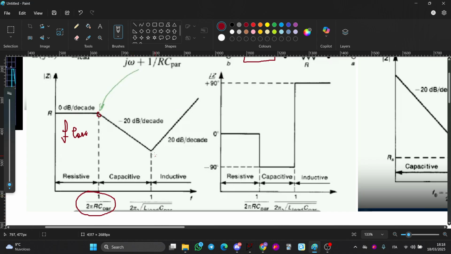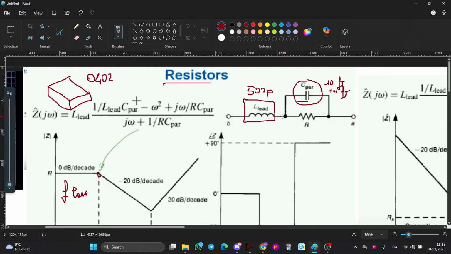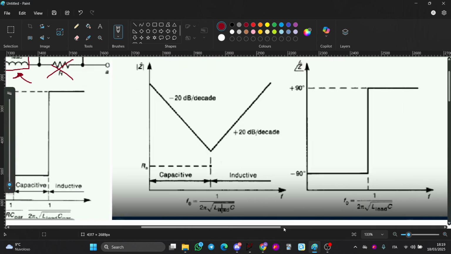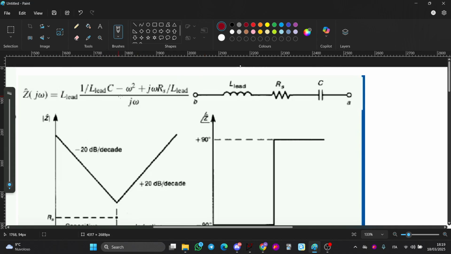And when you raise the frequency a lot, this resistor is gone, and basically it just becomes an inductive region. And this point here is dictated like a capacitor, basically 1 over 2 pi RC. So resistive, capacitive, inductive. And the phase is minus 90 because here there is the pole, and plus 90 because of the zero, accordingly.